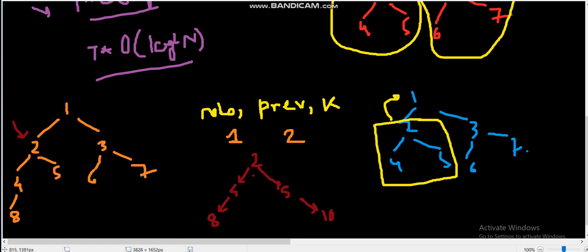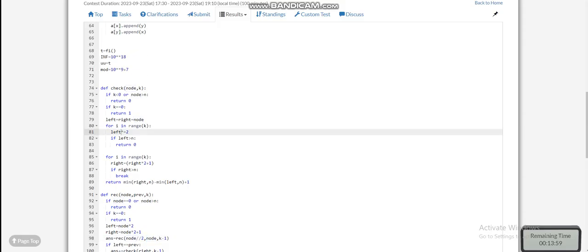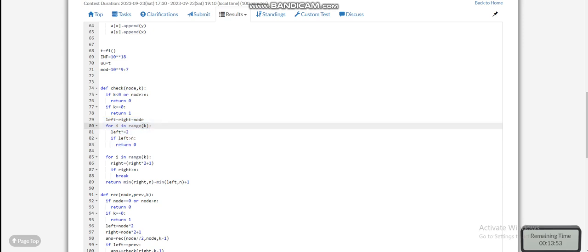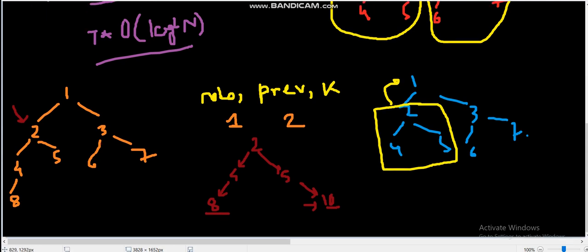We'll try to find the leftmost node in the kth level and the rightmost node in the kth level, so 8 and 10. But you can see that our number of nodes is 8, so we have to take the minimum of 10 comma 8 here. So that's what I have done here. I am going to the leftmost node here at the kth level. If left is greater than n, let's say we are going to the third level, but there are no nodes in the third level, so we'll just return.